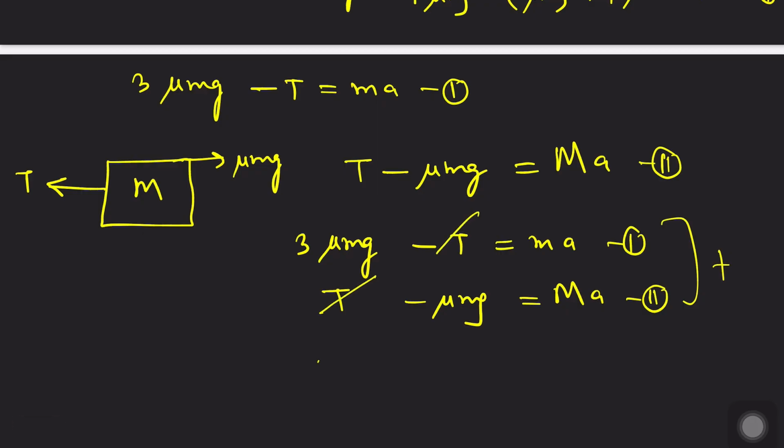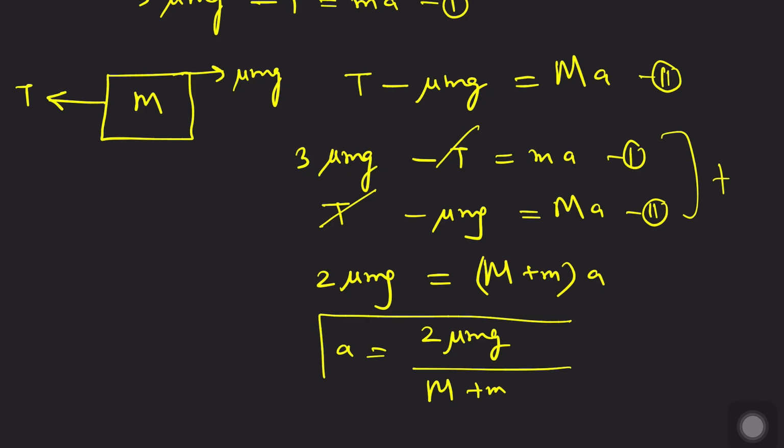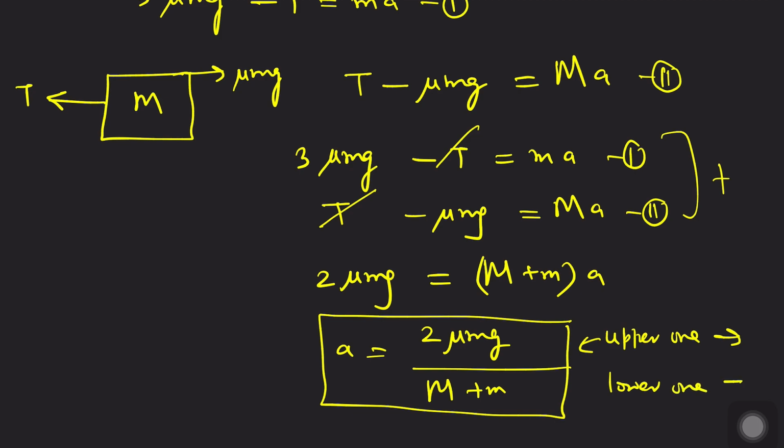So we got 2 mu mg is equal to capital M plus small m into a. So the common acceleration, by magnitude, that we are going to get is 2 mu mg divided by M plus m. That would be the acceleration of the bodies. The upper one moves rightward with this amount, and the lower one will move in this direction with this amount.